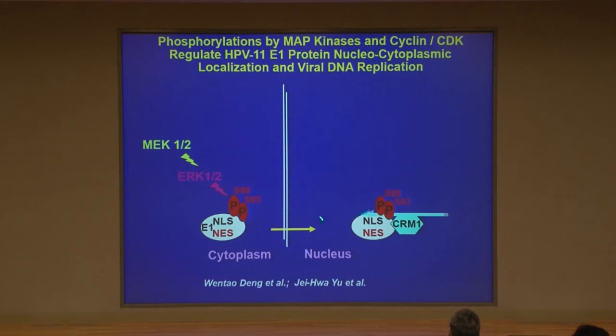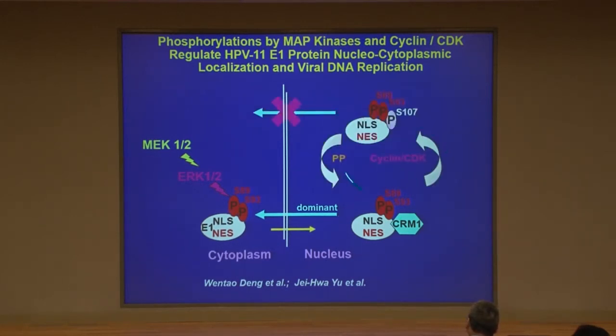However, the exportin, which is dominant over the nuclear import, means the E1 protein gets shut right out. Unless now we have cells in the cell cycle, and this additional serine is phosphorylated by cyclin-dependent kinase, then the E1 stays in the nucleus to support viral DNA amplification.